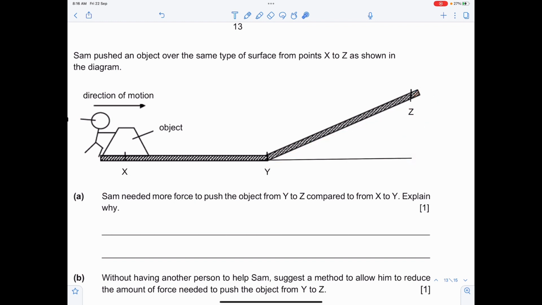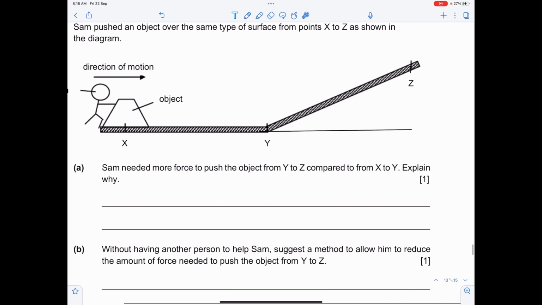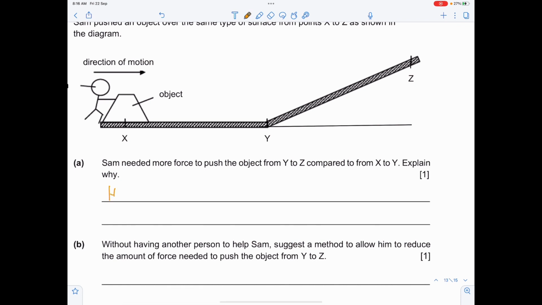So because of that, you need more force, correct? Because you're going against gravity. He is pushing the object against gravity.